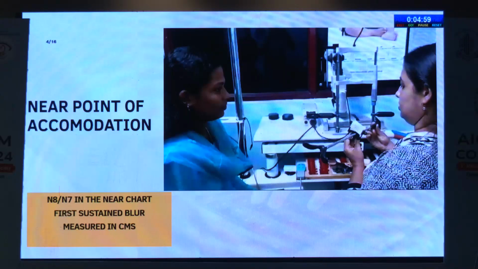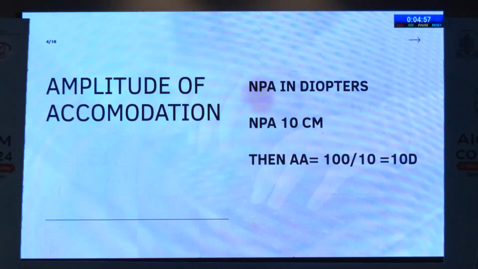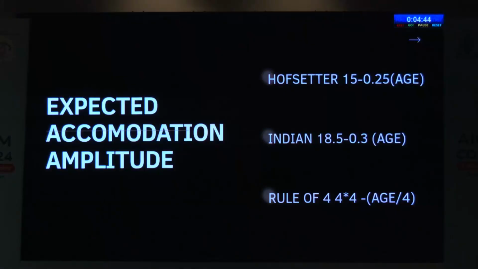That is your near point of accommodation. How will you calculate the accommodation amplitude? Whatever you get, 100 divided by that many centimeters. So if you get 10 centimeters in your near point of accommodation, your amplitude of accommodation will be 10 diopters. And now you have to measure what is expected for that age.